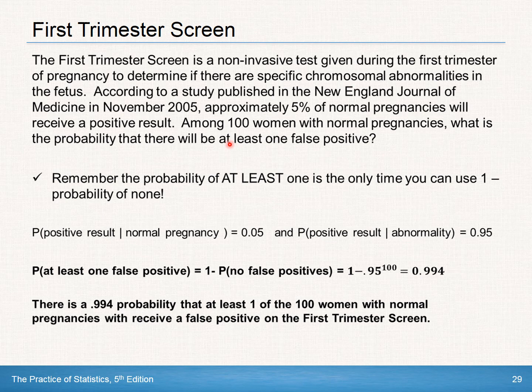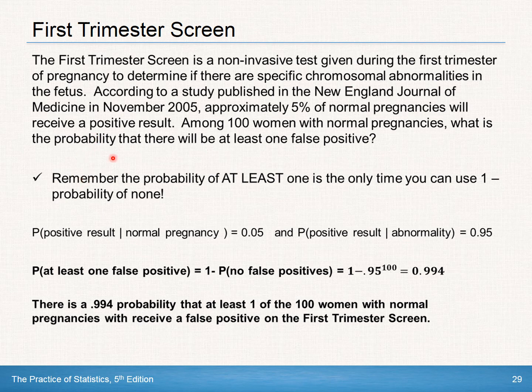Okay, so go ahead and take a minute and read this one. Okay, so this one's a little bit tricky.